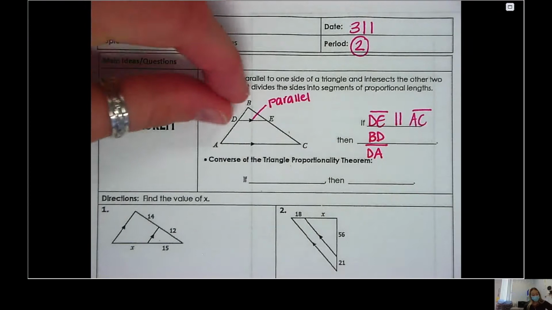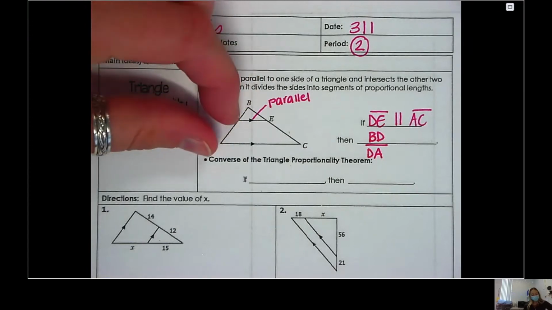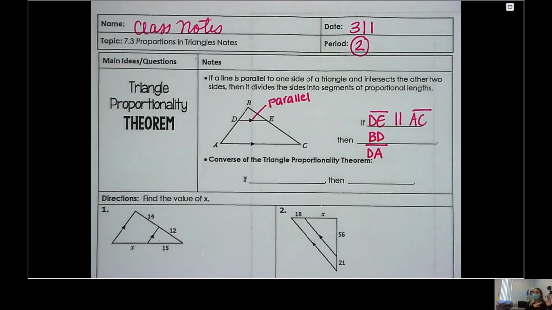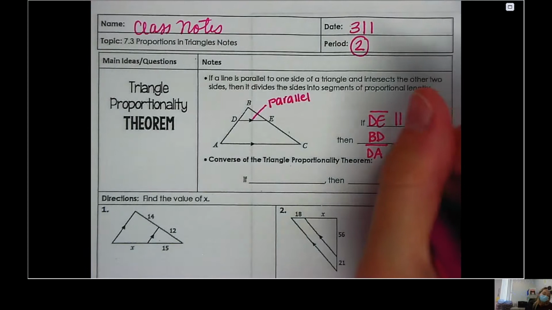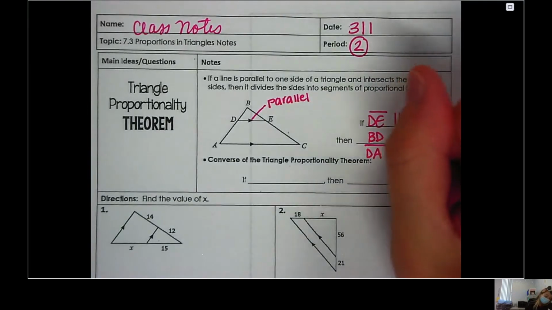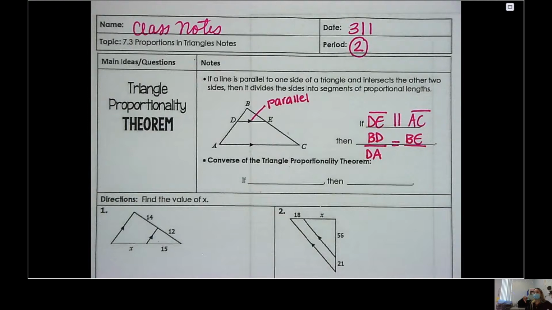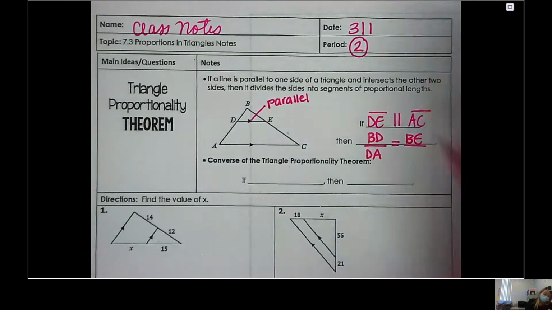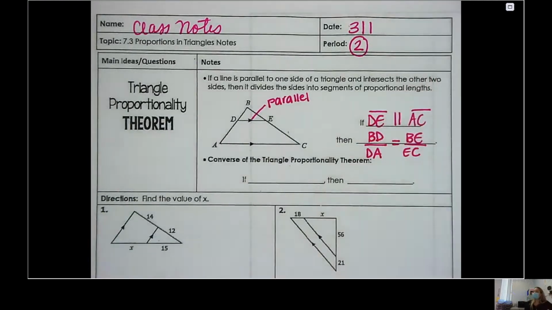That's the small piece divided by the larger segment on the left. Which two pieces match up on the right? The smaller piece is BE, and the other piece is EC. So I can write two fractions and they should be equal to each other if they're parallel.